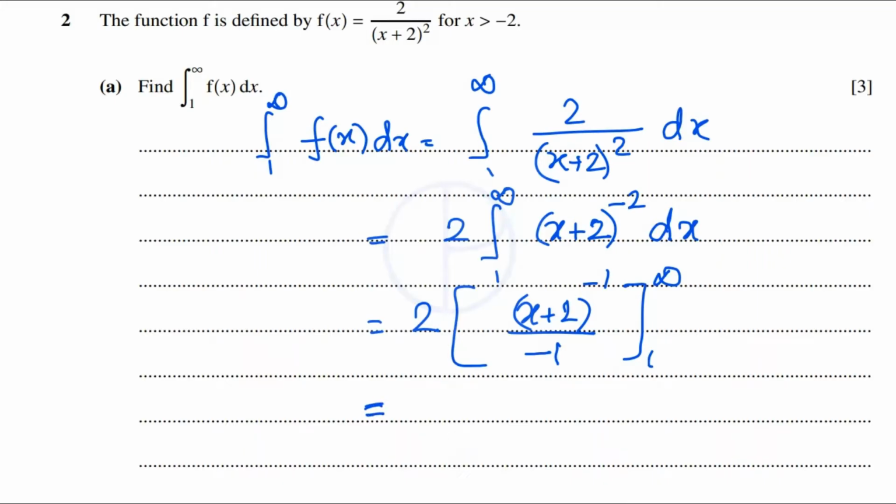Let's rewrite this as 2 times negative 1 divided by (x plus 2).